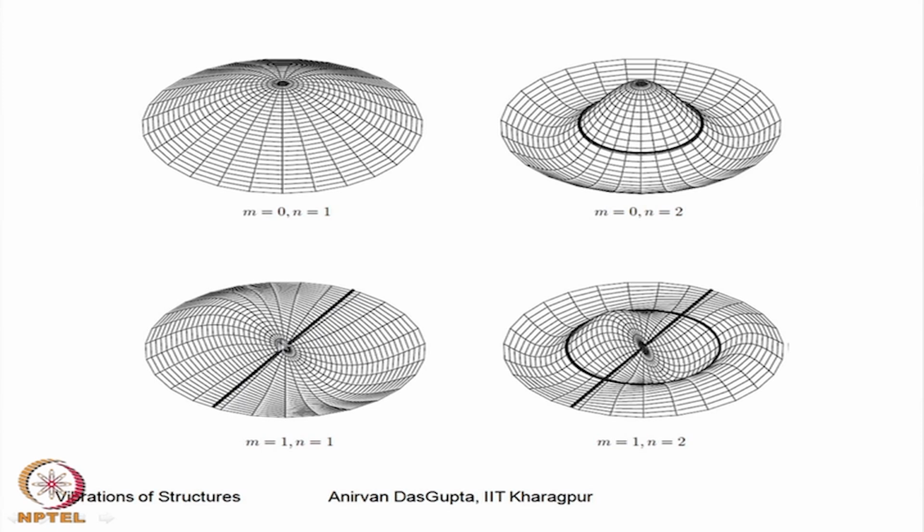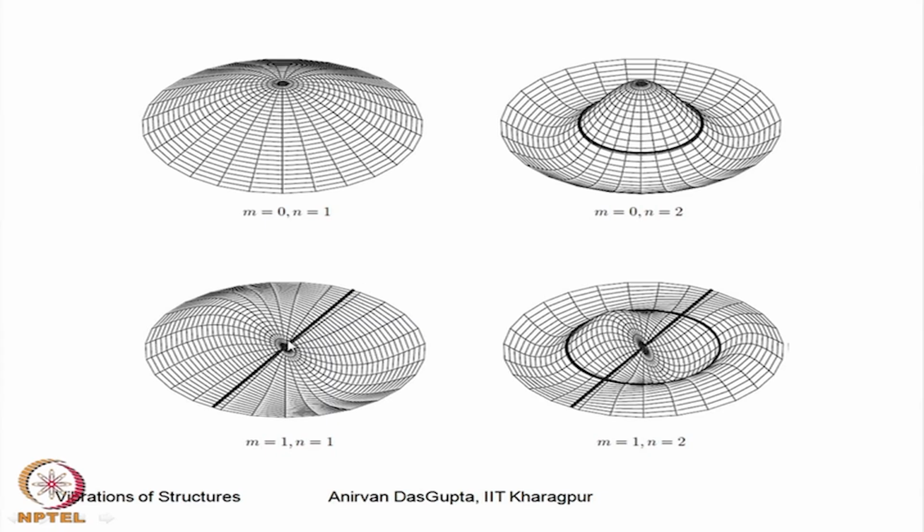So, that sets the orientation of this nodal diameter, because when m equals 1 and it is the cosine mode, it is 0 at phi equal to pi by 2.